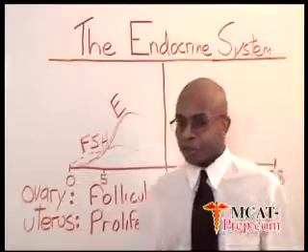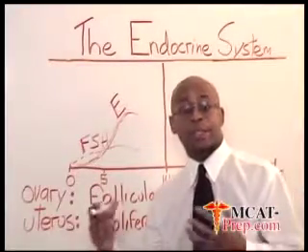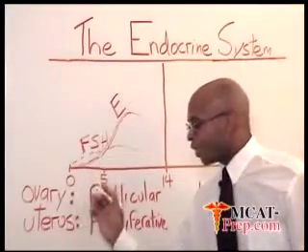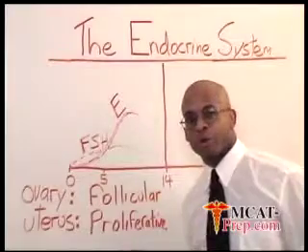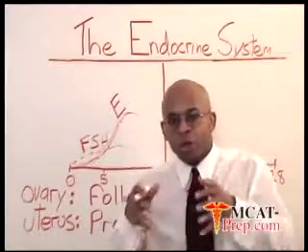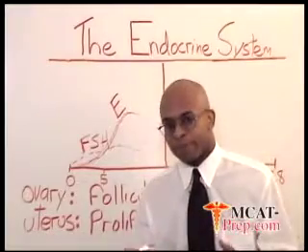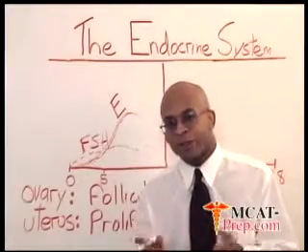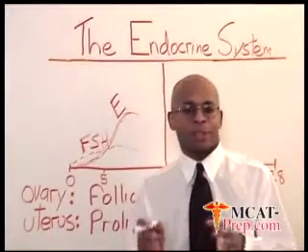What does estrogen do? Estrogen goes throughout the body as a hormone. It is a steroid hormone, and it goes to the uterus and leads to proliferation. The inner layer of the uterus is called the endometrium, endo referring to inner, and metrium referring to the smooth muscle of the uterus.